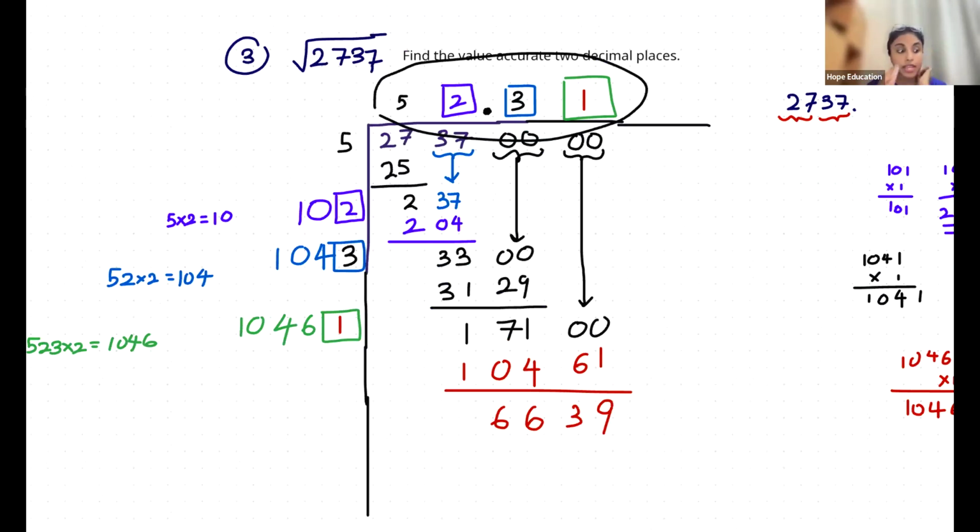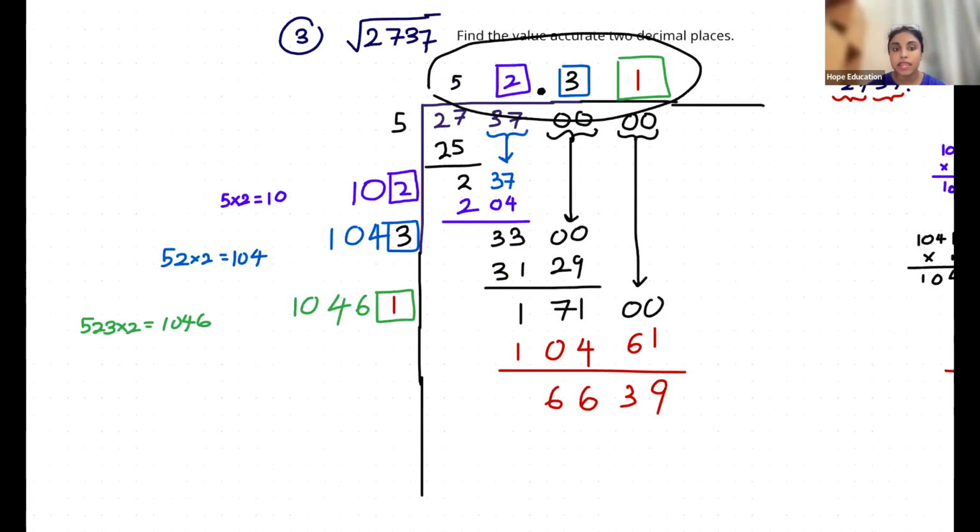So now I have to take the double of 5,231. I hope you can see here. Let me take a different color. What color should I put? Orange. Let's get a bold color. Let's get a blue.